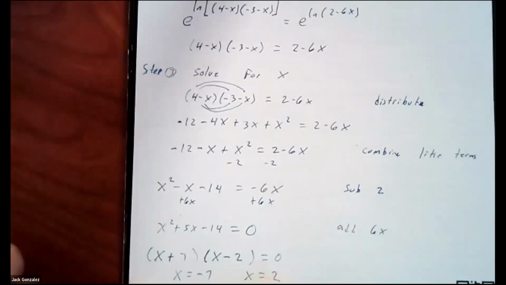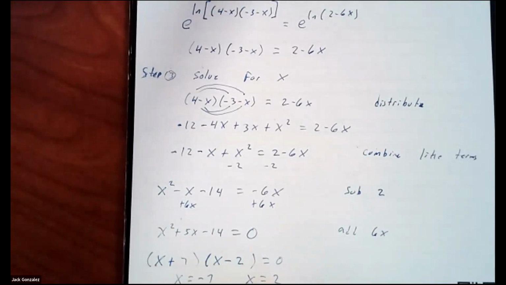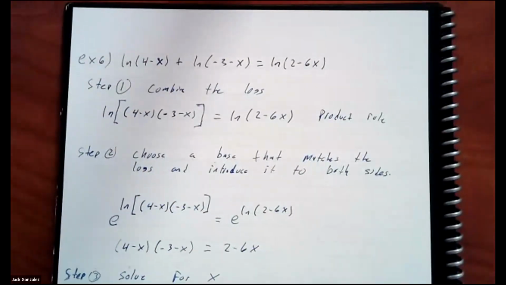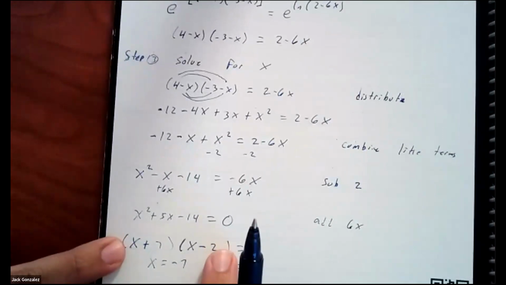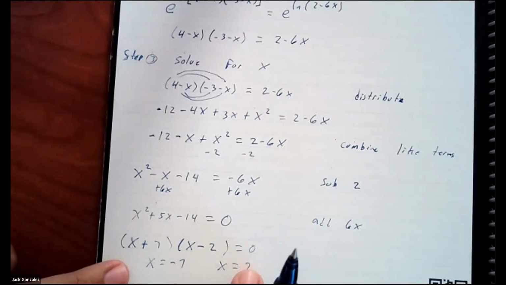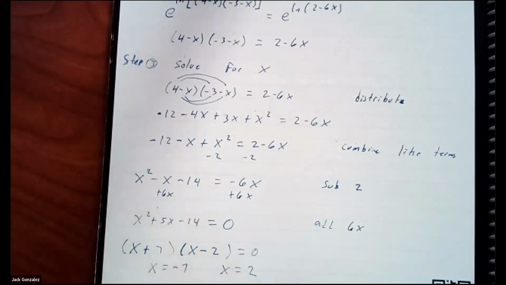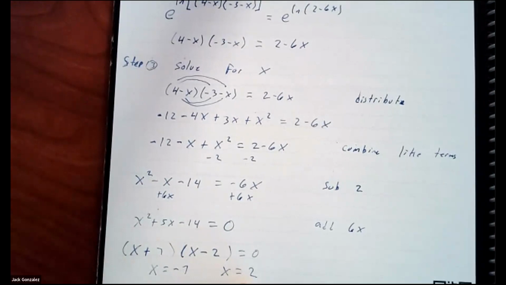You put negative 7 and 2 in. Those are the solutions; they come from the factors, and when you solve them you set each part to 0 and solve for x. All you have to do is plug in the 2 everywhere and see if you get a problem.